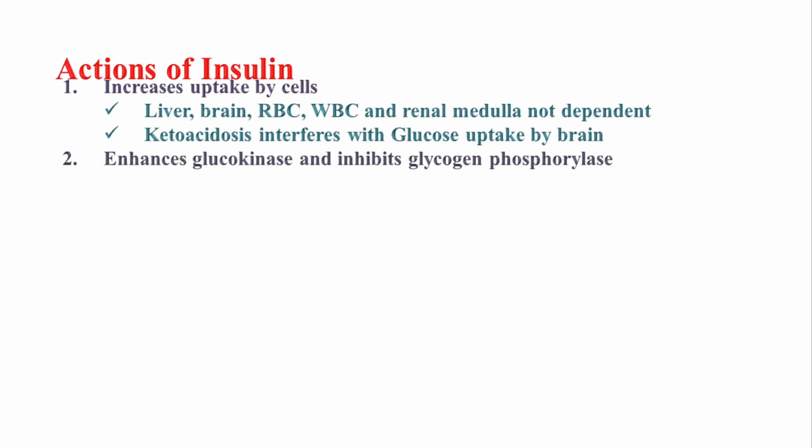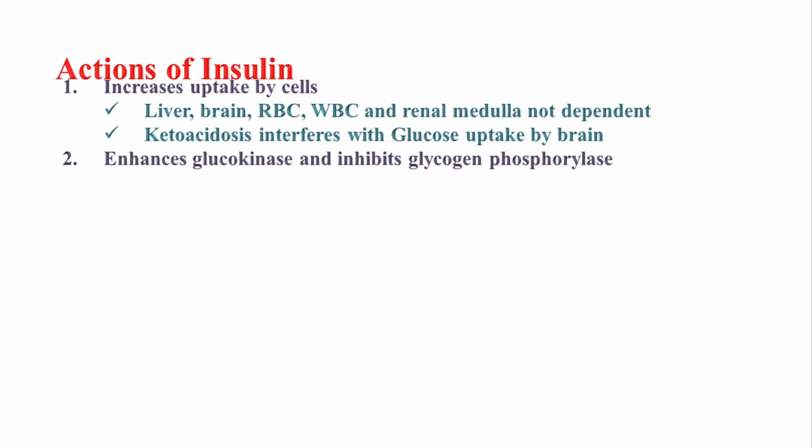Now, not just glucose uptake is enhanced. Insulin sees to it that the cells utilize glucose, and if they don't want glucose to be utilized, store it. That's done by enhancing glucokinase activity. So glucose can either be utilized for ATP synthesis or converted into glycogen.